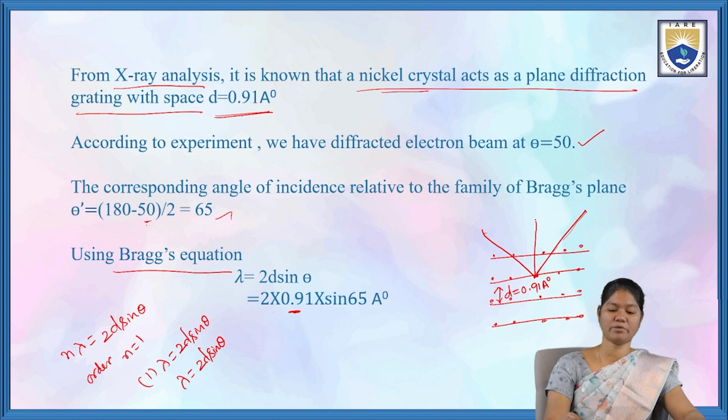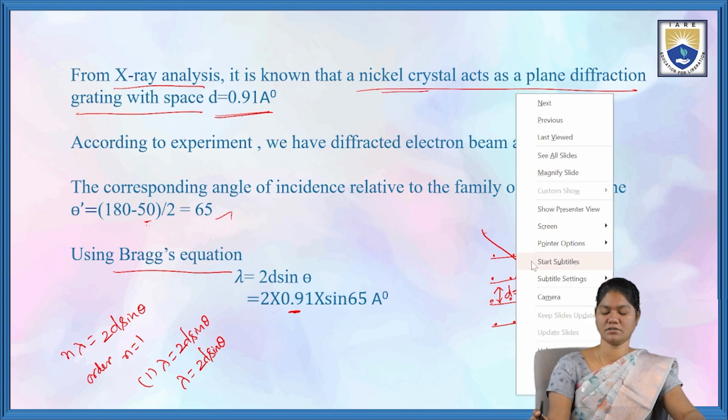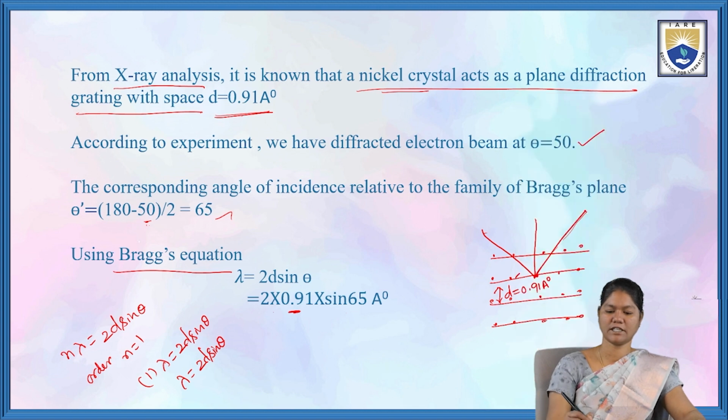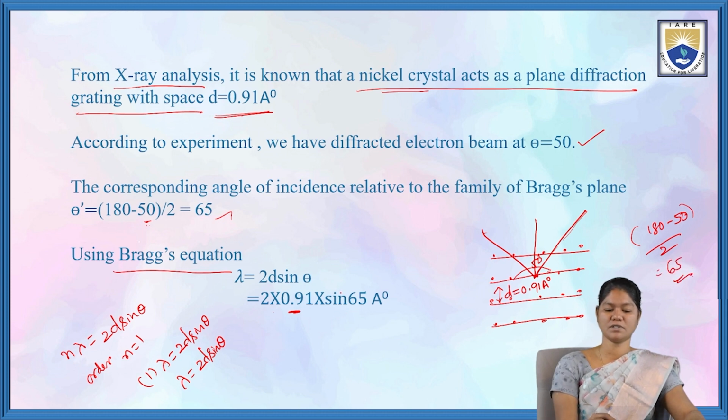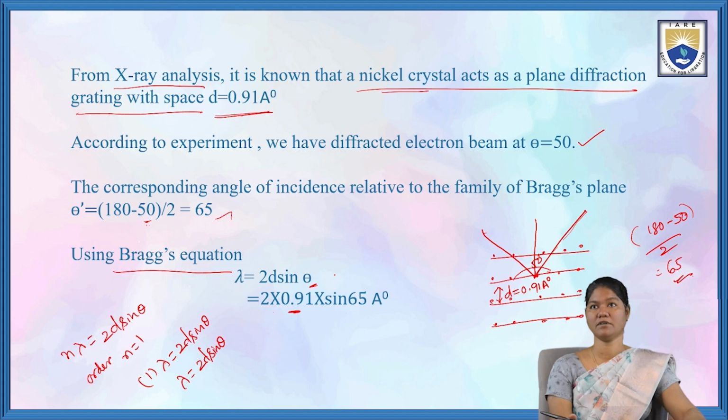Suppose we draw a normal to this. So from here to here is 180 degrees, so 180 minus the scattering angle 50, divided by 2. So we are getting 65 degrees. So theta is equal to 65 degrees.